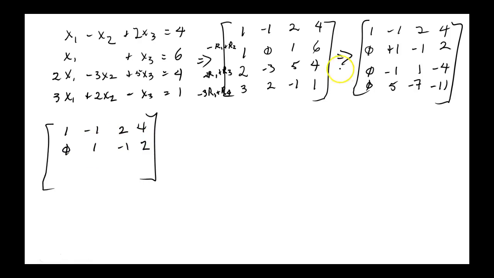Now, operate on the third one. Row 2 plus row 3. What do you get? Row 2 plus row 3. 0, 0, 0, right? -2, right?